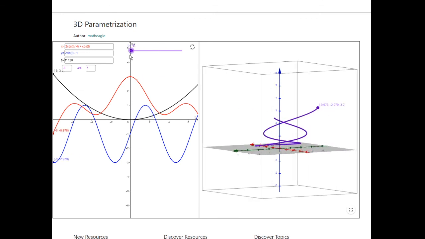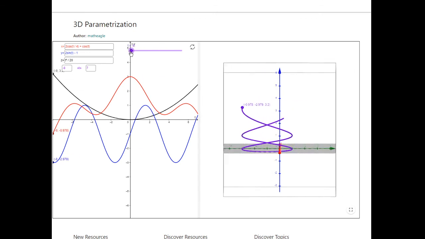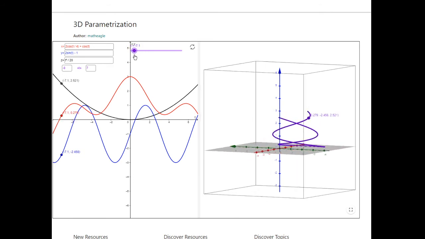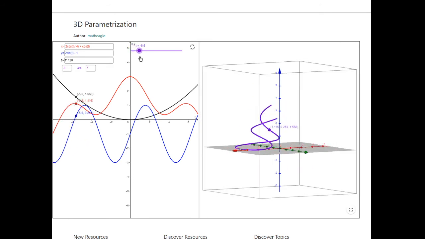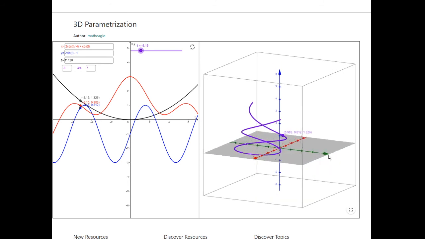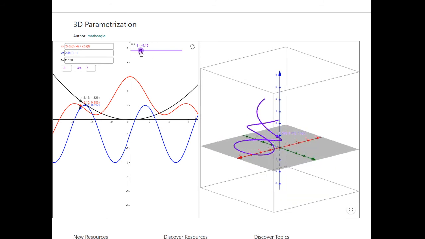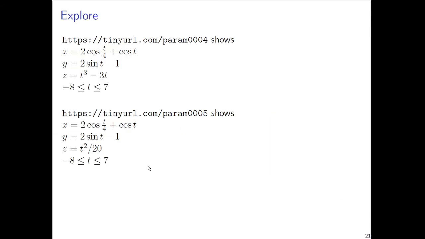And let's just start T back over here at -8. As I increase T just a little bit at a time, let's stop the movement of this over here. As I increase the value of T, the point has smaller height and then has larger height. All right, let's go back here.